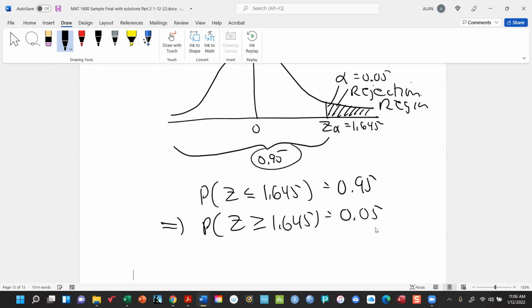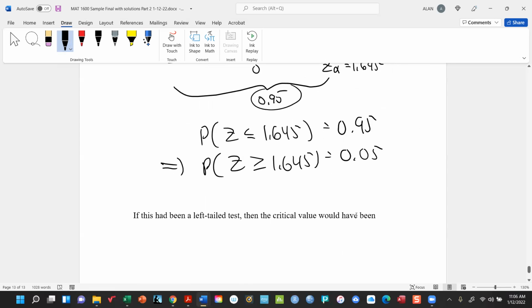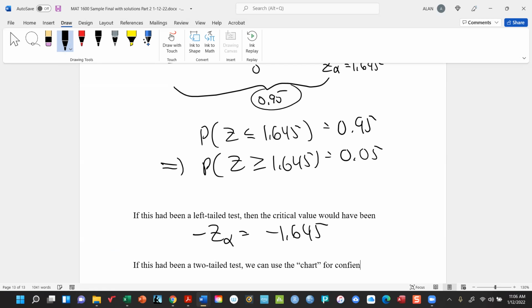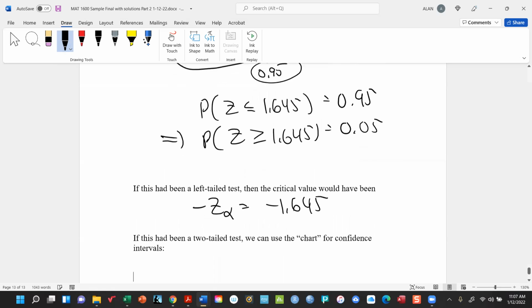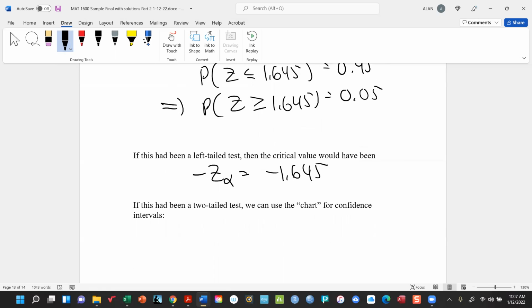Now, by the way, if this had been a left-tailed test, then the critical value would have been negative Z alpha, which is negative 1.645. Now, if this had been a two-tailed test, we can use the chart for confidence intervals. All right, because then in effect, you're creating a 95% confidence interval.